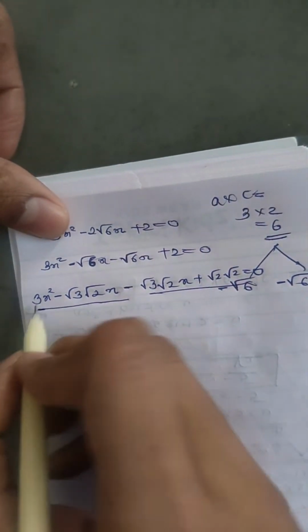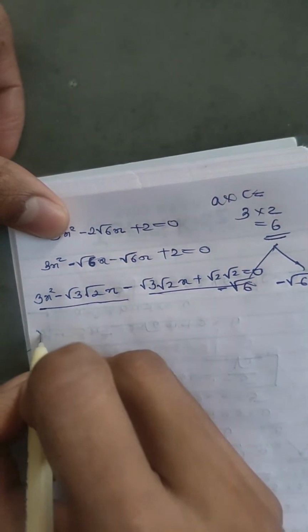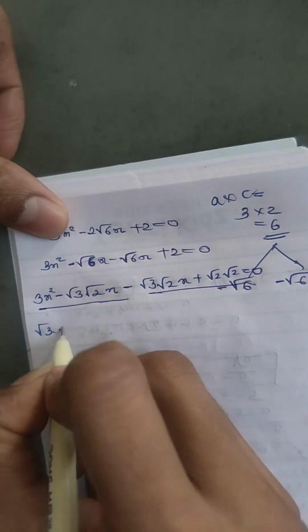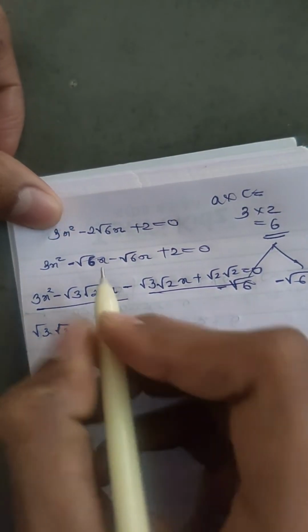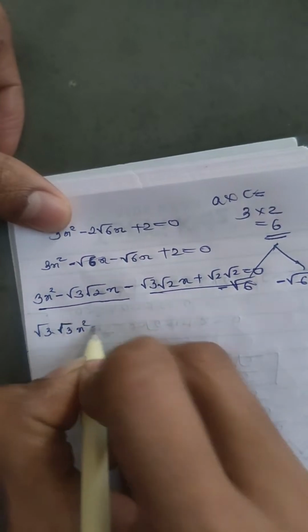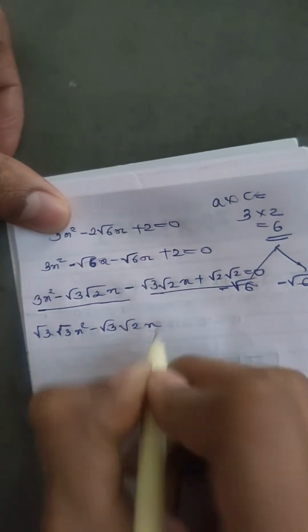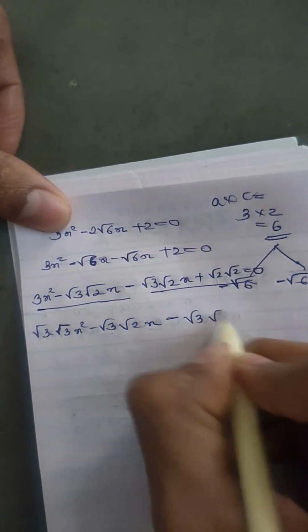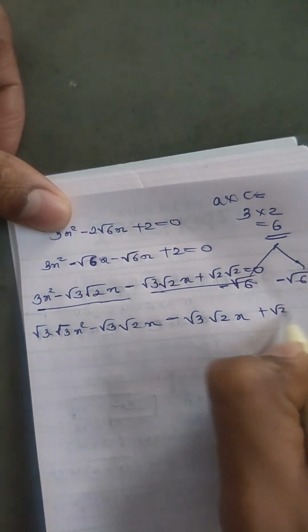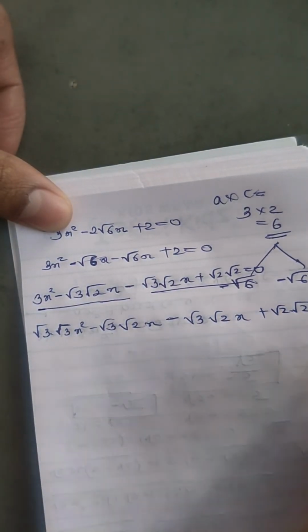Now this 3 can also be written as √3 into √3 x² minus √3 √2 x minus √3 √2 x plus √2 into √2 equals 0.